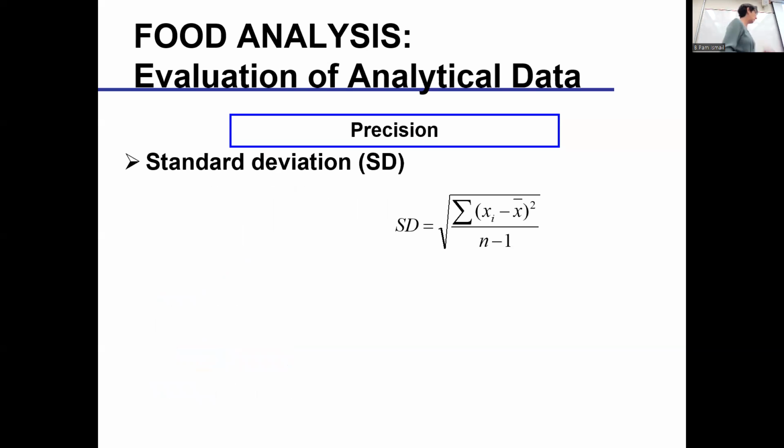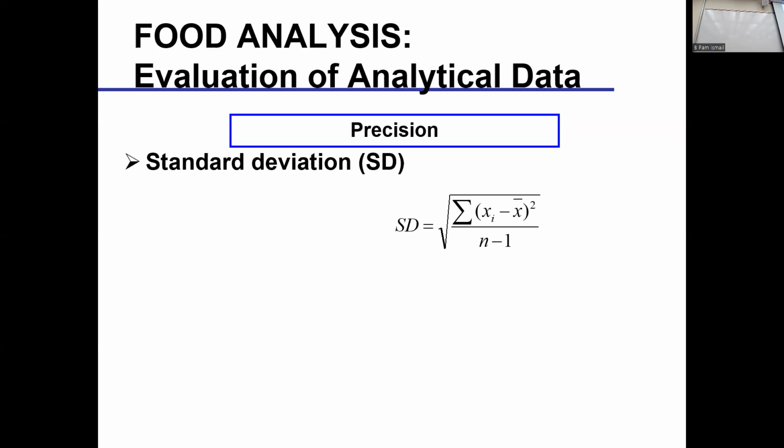So in terms of precision, the first thing we calculate is standard deviation, the deviation from the mean. This equation is very easy to remember. It's the square root of the sum of the squared difference between each individual measurement and the mean.